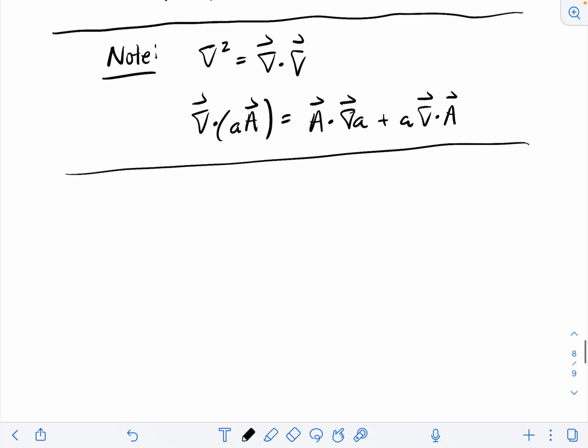So the first part of Schrodinger is iħ ∂/∂t, and then our wave function is φ0 e^(is). And that's equal to minus ħ² over 2m.